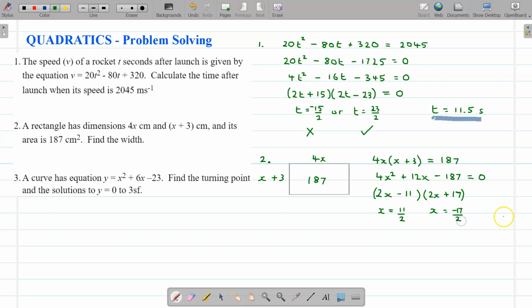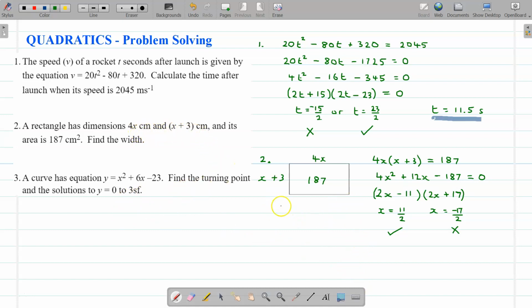Okay, and that is negative 8.5. So for the same reason as before, it's the positive one we're interested in, because length can't be a negative number. The question said, what's the width of the rectangle?